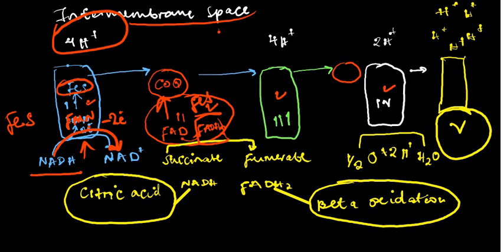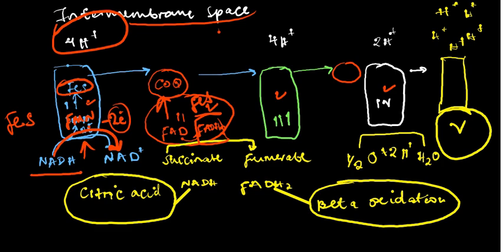As all this is happening, succinate is converted to fumarate. So in complex 1 there is a transfer of two electrons, as well as in complex 2, from FAD to coenzyme Q through this molecule, which is iron sulfide.